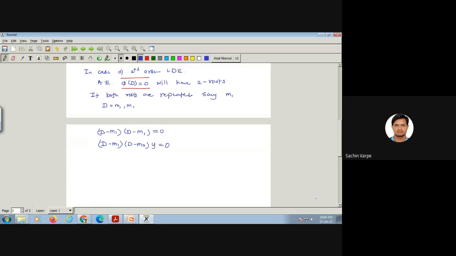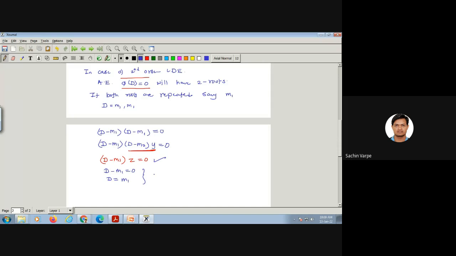And for the sake of convenience, for a while, we consider this to be z. So let this be z. So (D minus m1) operated on z equal to 0. Right? So this is again a homogeneous differential equation whose auxiliary equation is D minus m1 equal to 0. So its root is D equal to m1.